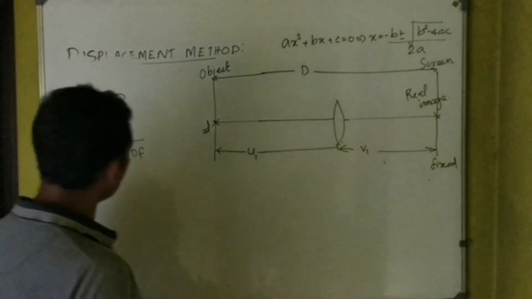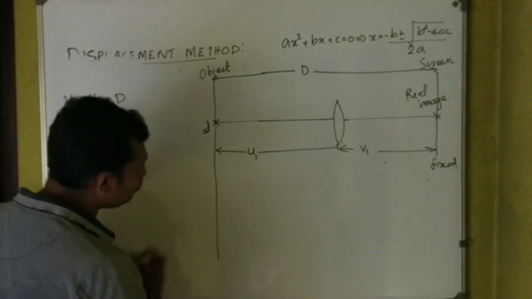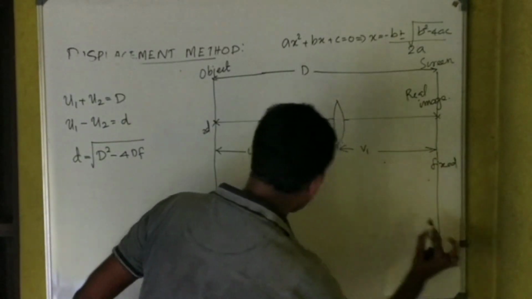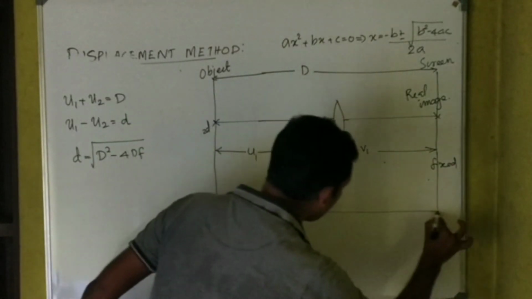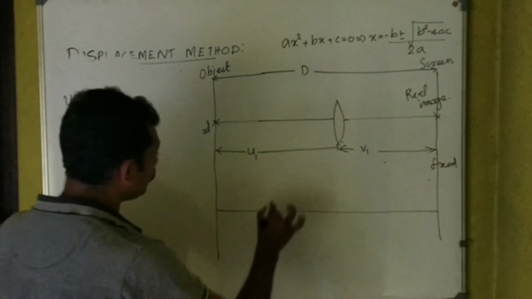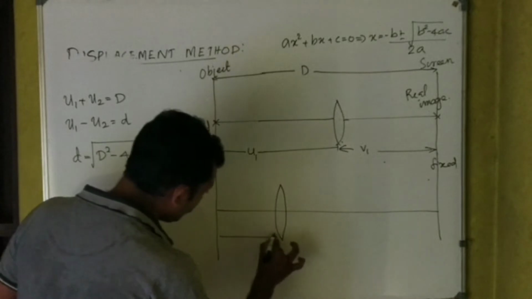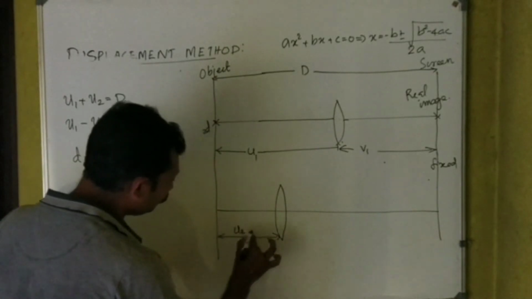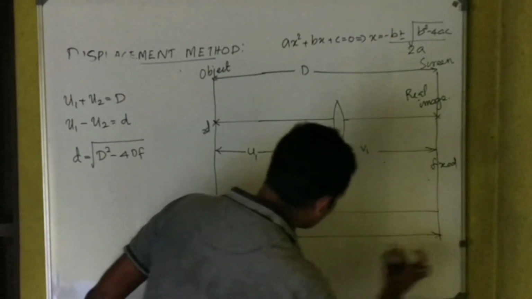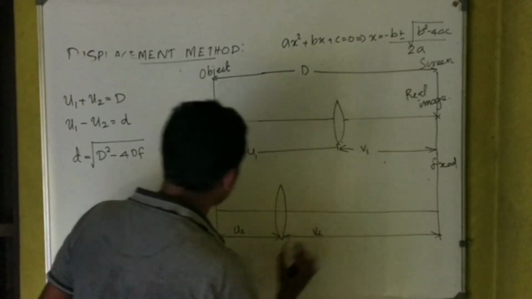Now in the second case we got, again for the same object and the screen, the second position of the lens where we are going to get the same image on the screen is here. This is the position of the lens. Correspondingly this distance is u2. That distance is v2. Yes.